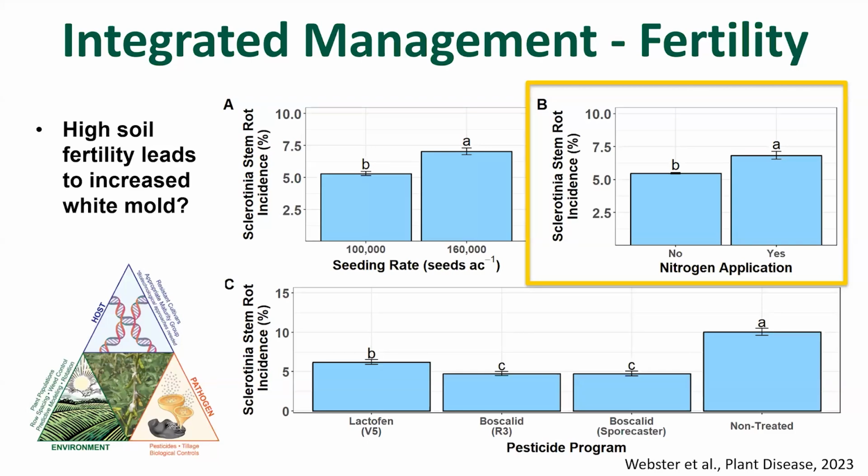By introducing some outside nitrogen, in this case urea applied at planting, we did see higher white mold development compared to not applying additional nitrogen within a particular field. So understanding the role that fertility could have on sclerotinia or white mold is very important.